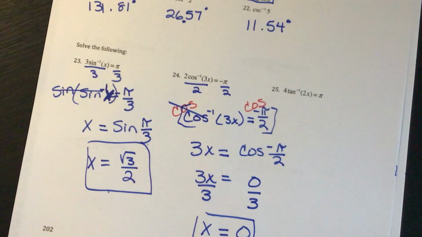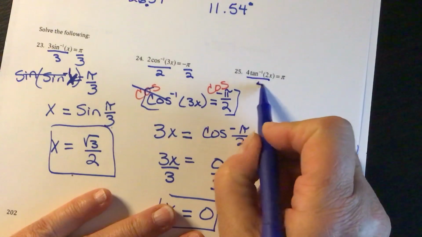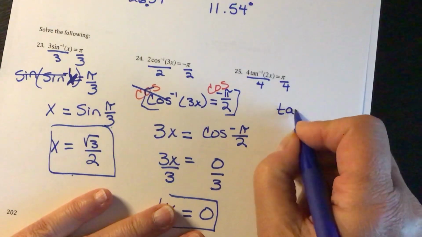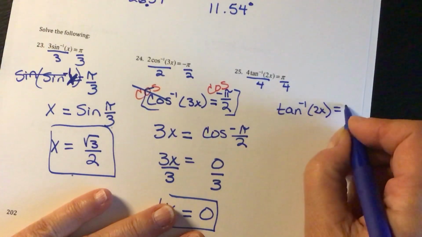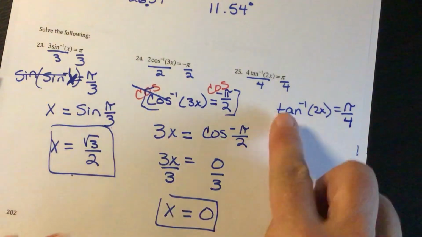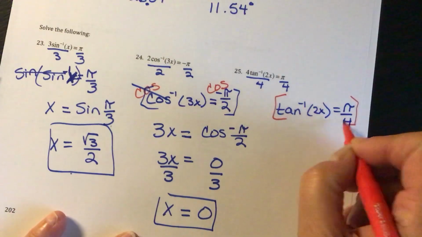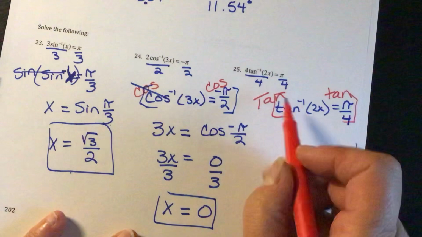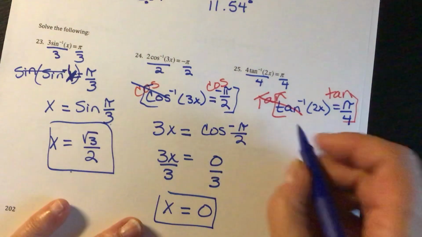And the last one, number 25, first thing I'll do is divide by 4. So I have inverse tangent of 2x equals pi over 4. Now to undo the inverse tangent, I'm going to do tangent on both sides, and tangent and its inverse will cancel.